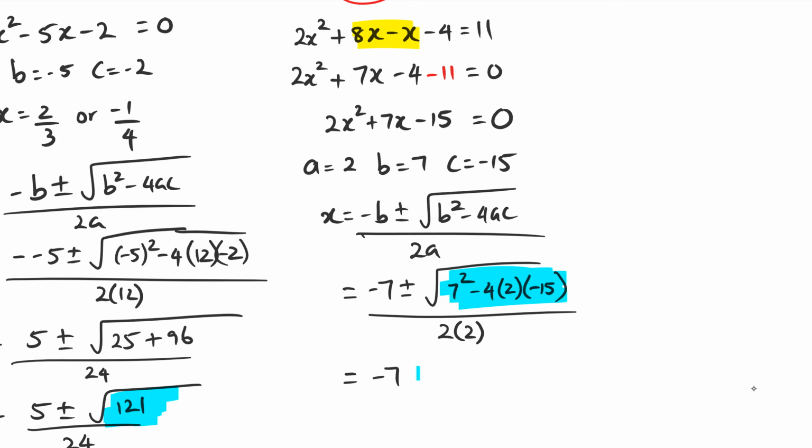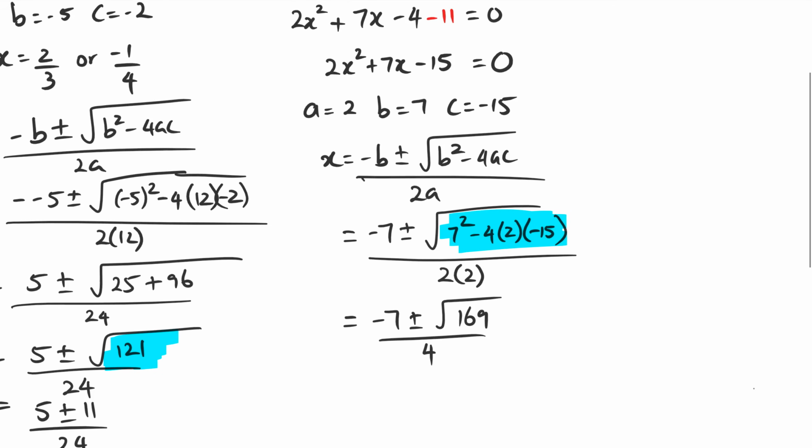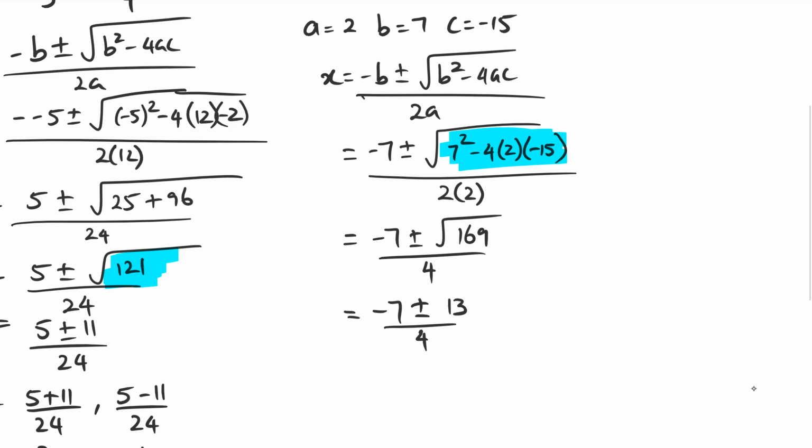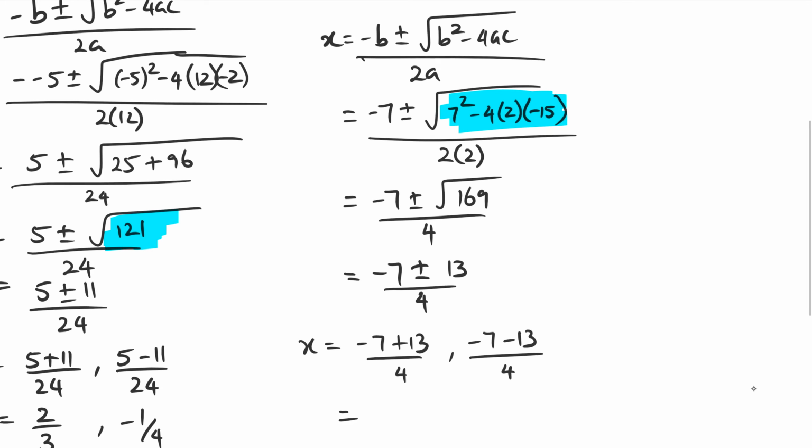So that becomes plus or minus square root of 169 over 4. And we've got minus 7 plus or minus 13 over 4. So we can now split this up as x equals negative 7 plus 13 over 4 or negative 7 minus 13 over 4.